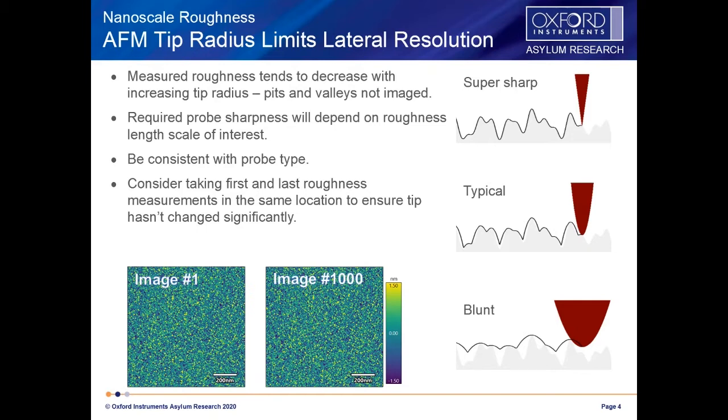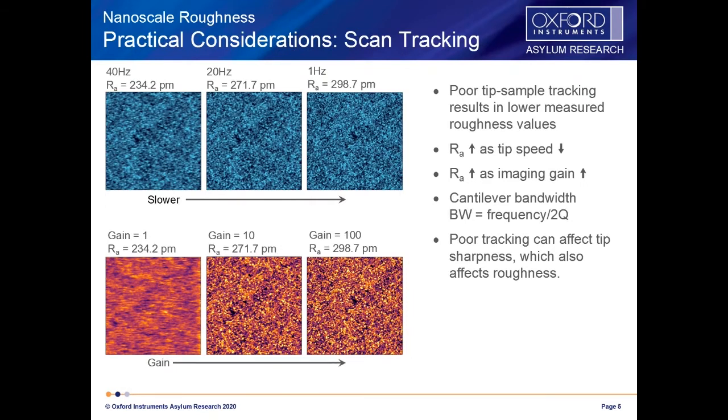So that's an example of a high quality AFM measurement where the tip does not change with time. Now, what are the other factors to keep in mind? How well the tip is tracking the surface is very important. In AFM, it would be great to get results as fast as possible, but you have to make sure that you're tracking the surface well.